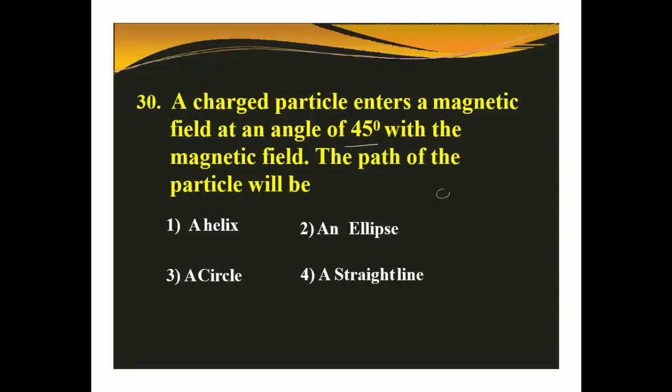We know that other than 0, 180 or 90 degrees, the particle possesses a helical path. Helix path means option A. Already discussed in theory, so the option is straightforward: helix.